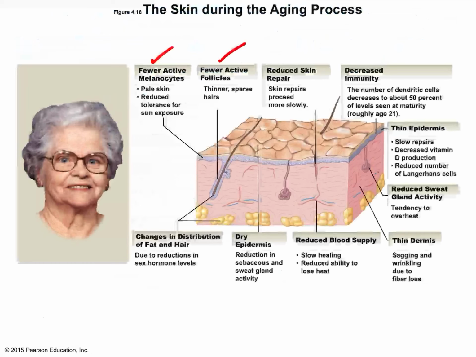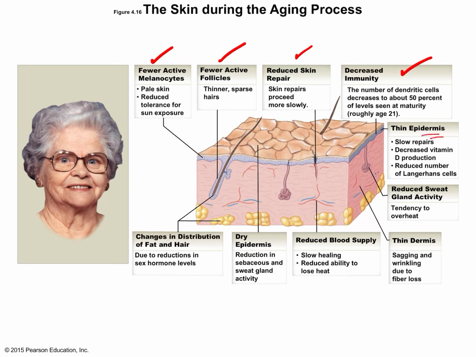You have fewer follicles. I talked about that, right? You have thinner hair. You have a reduced ability to repair because that's just what happens to the whole body. Decreased immunity because those cells that we talked about, Langerhans cells, they're reduced to about 50%. You have a thinner epidermis because the turnover of your epidermal cells will decrease.